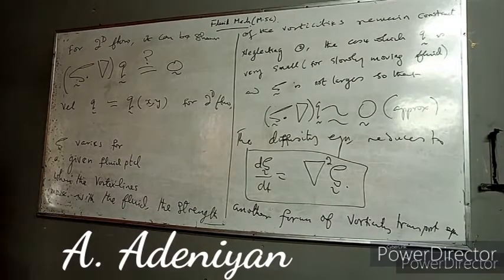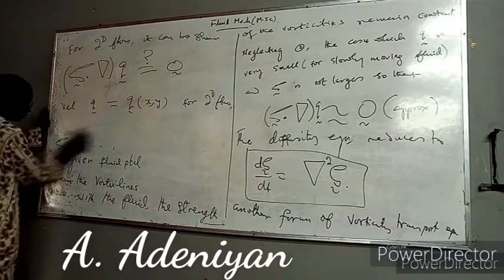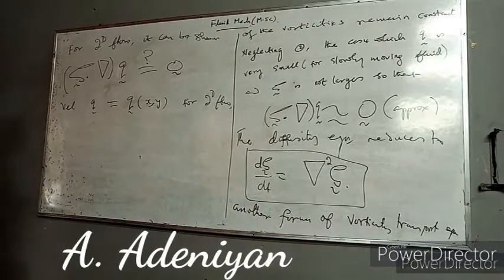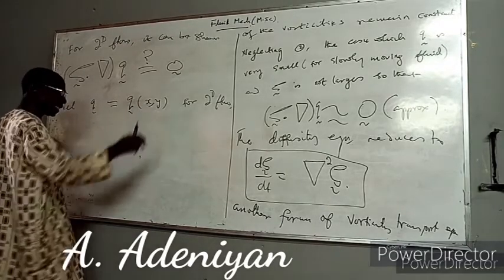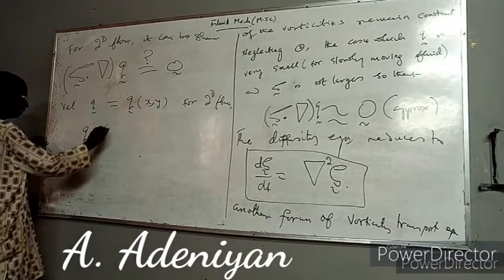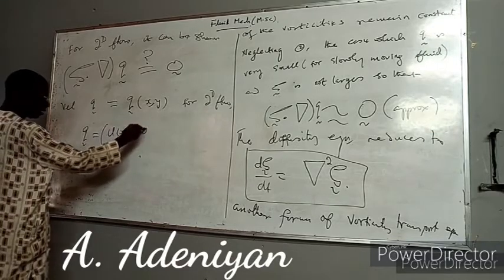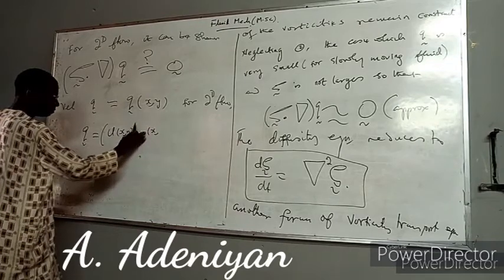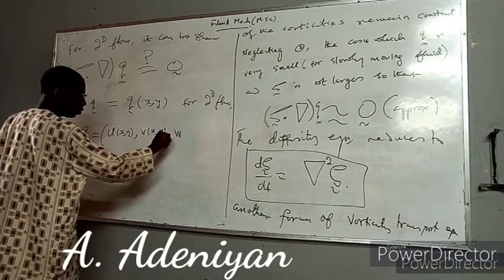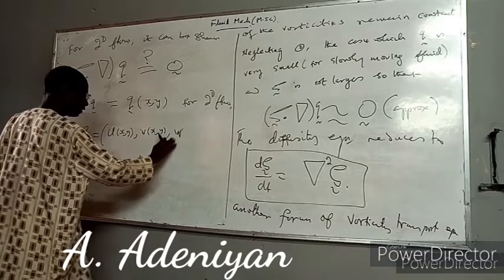Then velocity q has three components, which are u, v and w. U depends on x and y, v also depends on x and y, and w also depends on x and y.